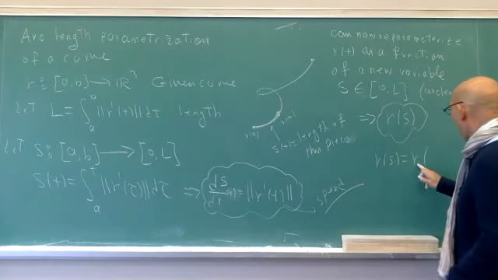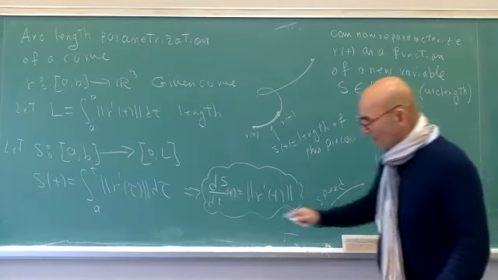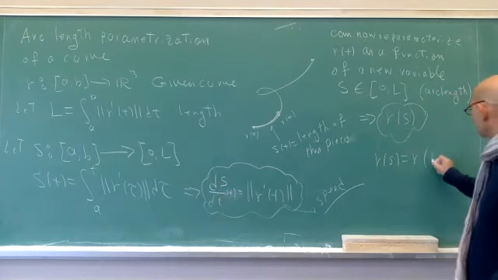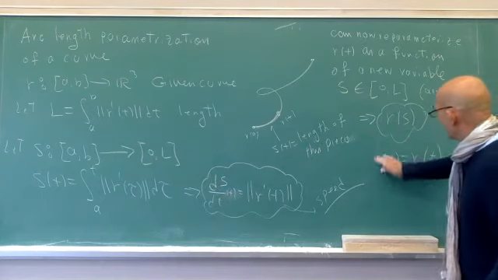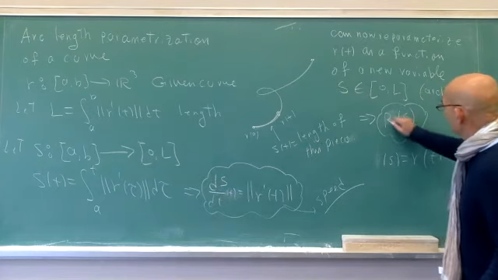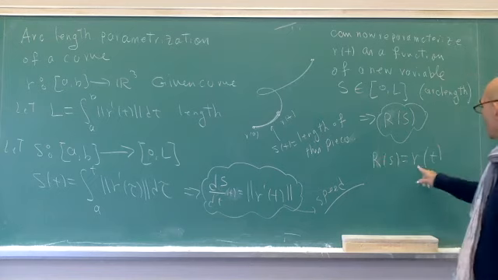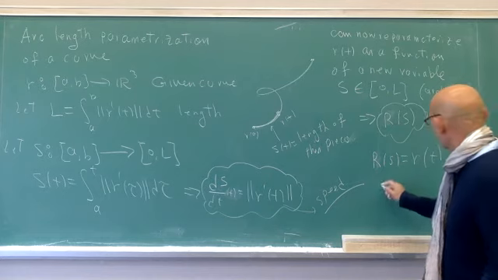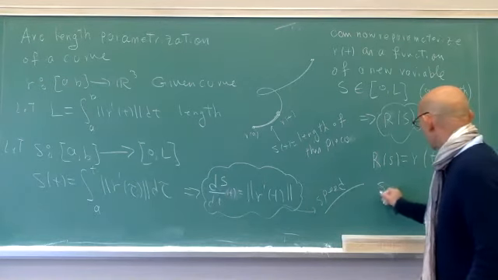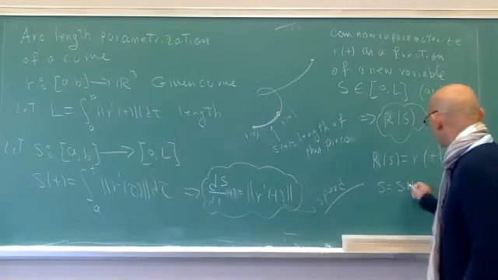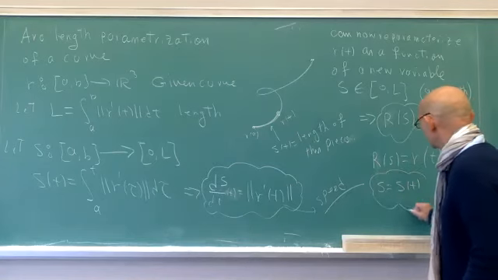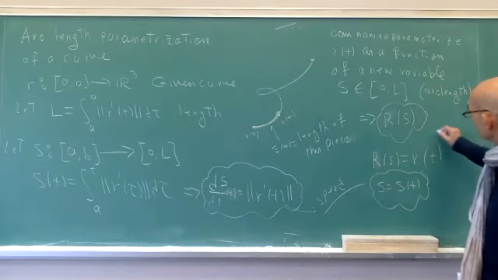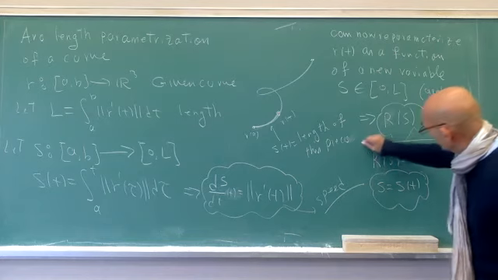This is equal to R of T. No, I'll use capital R, sorry. So this is this one where S is equal to S of T. So this is our formula.